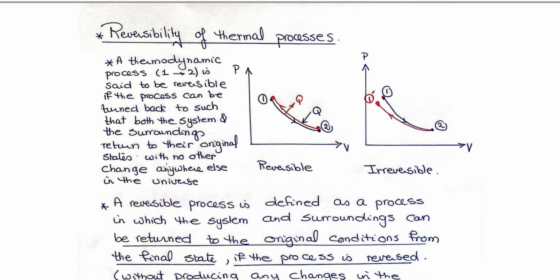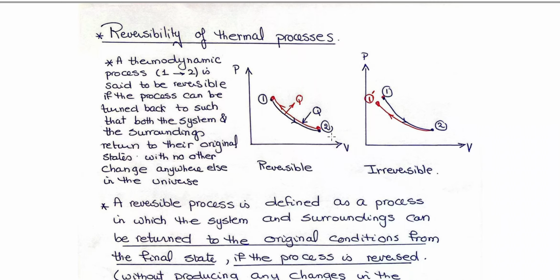For a thermal process to be reversible, imagine we have a thermal process from 1 to 2. If I reverse the conditions of the process and I return back from 2 to 1 exactly, this is called a reversible process.